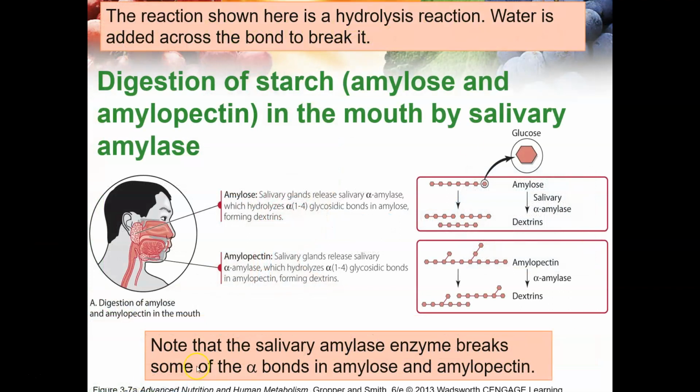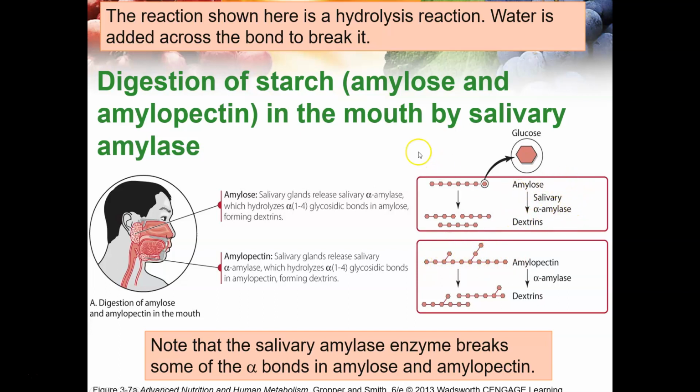So here's an example right here. If we look at starch, remember, starch is a mixture of amylose and amylopectin. And remember, the amylose consisted of glucoses, all alpha glucoses, all with alpha bonds. And remember, the amylopectin was similar, except it had these branch points.